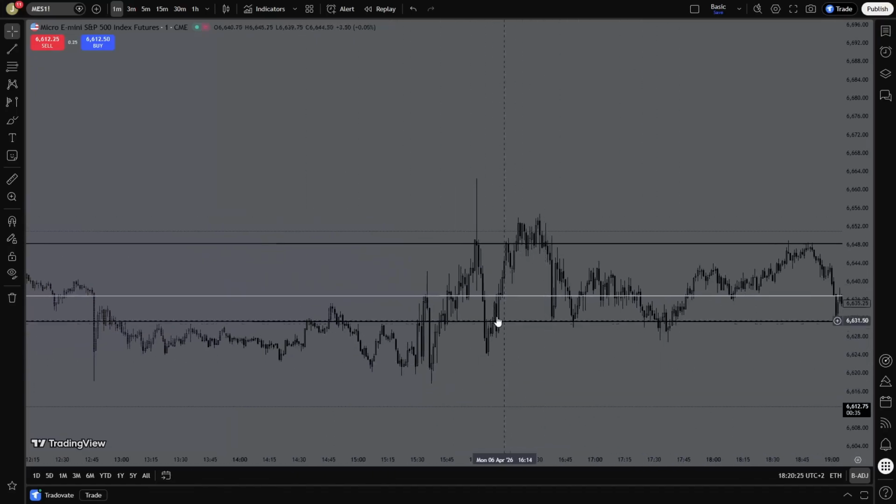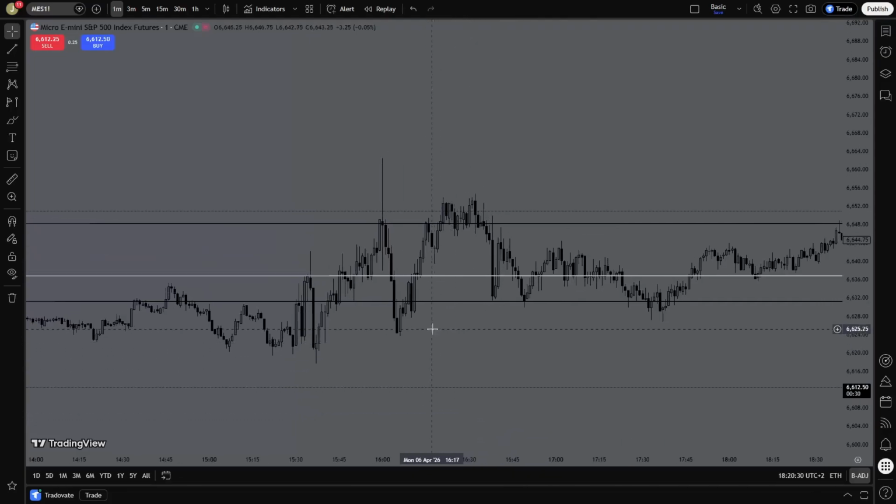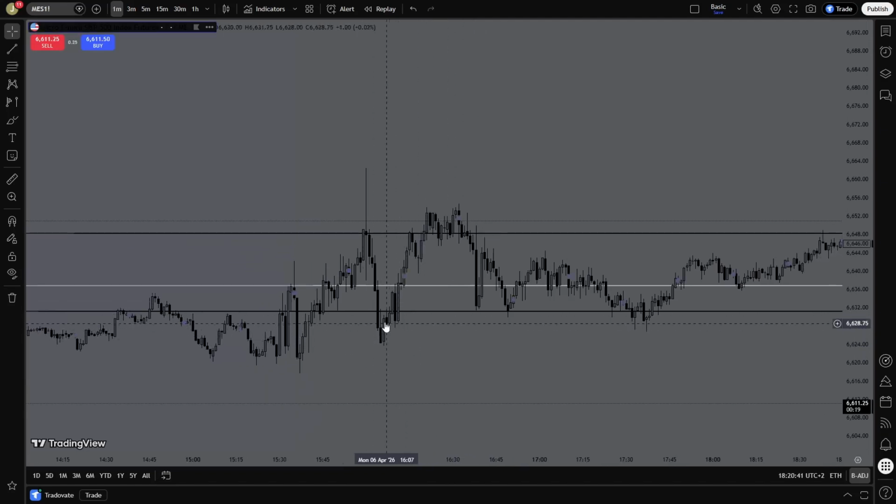So right now you are here and you check for all of your other confluences like order flow, higher time frame perspective, and all of these things, which I will talk about soon. So you are here, you check your order flow, for example your heat map, Nick, and you see this, and you see a great absorption here.